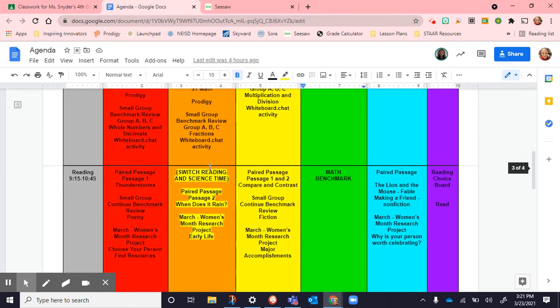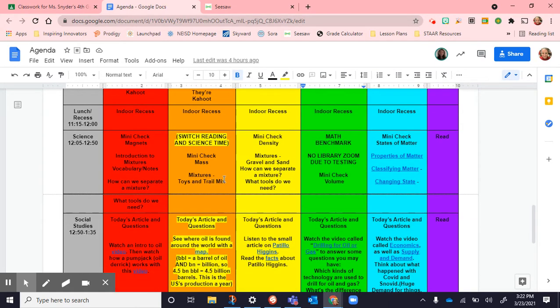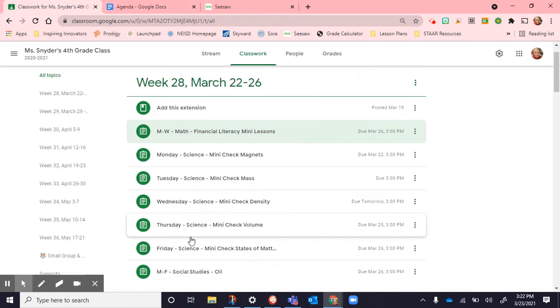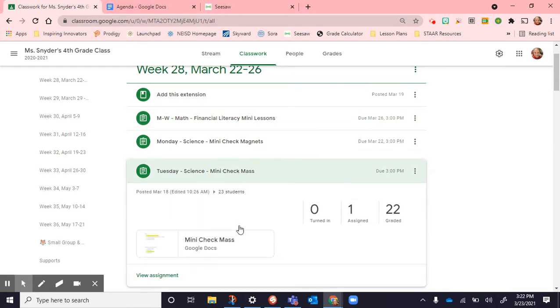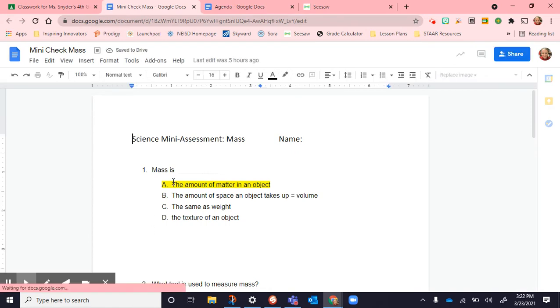Then we switched reading with science time today so we could do our labs. For the labs today, we did the mini check on mass. So go to Tuesday, mini check mass, open this up, and you're highlighting your answers. Mass is the amount of matter in an object.